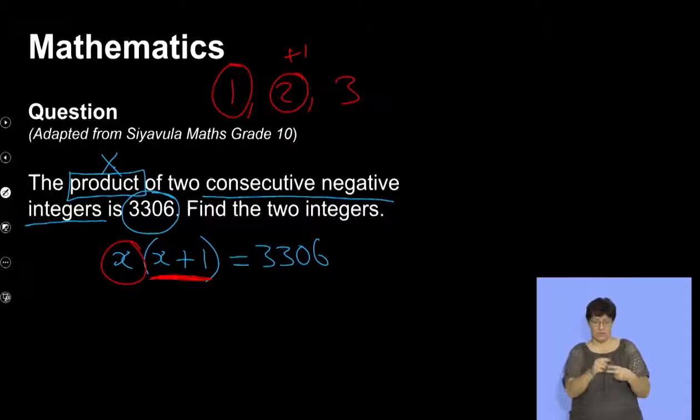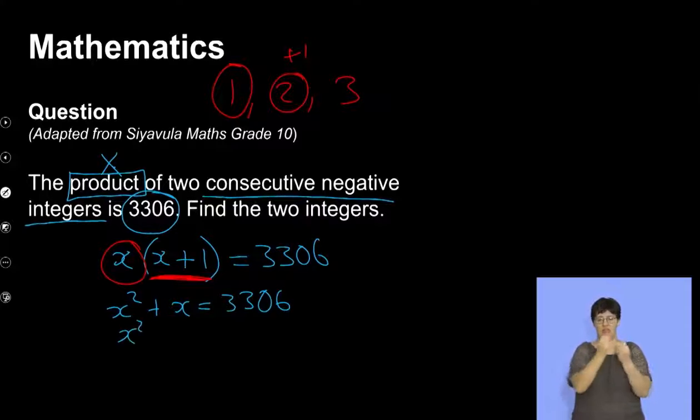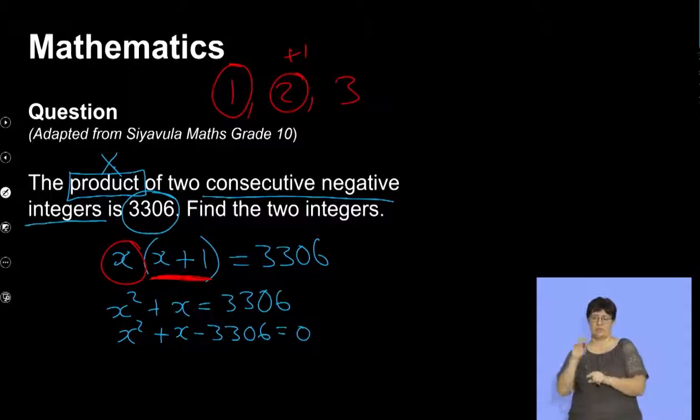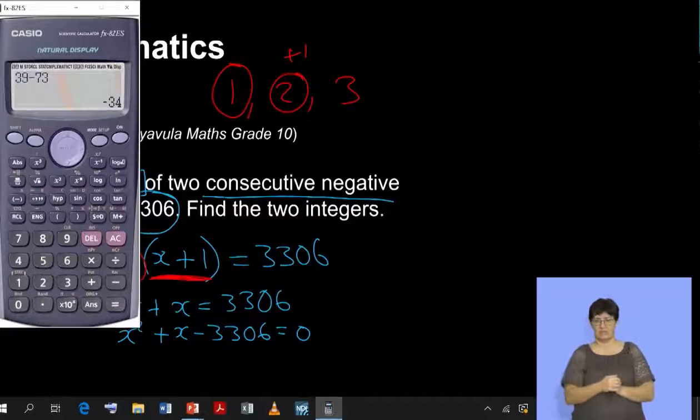So this is actually going to be x squared plus x equals 3,306. I will take everything to one side: x squared plus x minus 3,306 equals 0. I will need to open two brackets. So remember, I'm going to go back to my mental maths again. By the way, let me actually show you with this one how to then find the factors, because I'm doing this mental math, but I know how to do it.